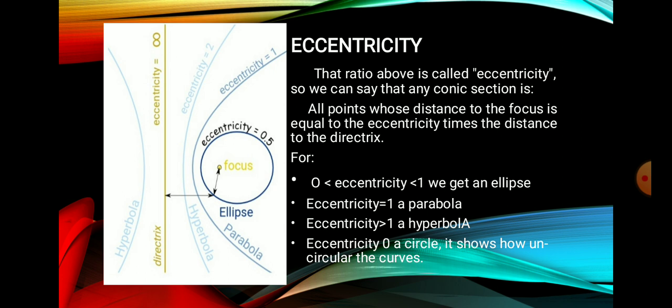Eccentricity of 1 is a parabola. The eccentricity of a hyperbola is greater than 1. The eccentricity of a circle is 0. It shows how circular the curve is.